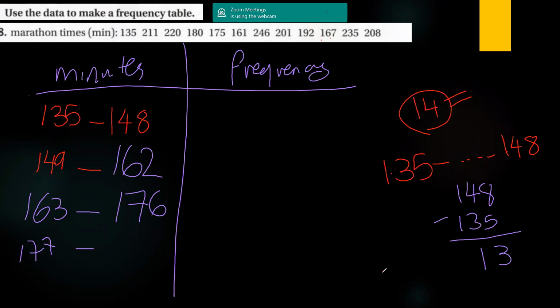Take the next number, 177, up to 190. Then take the next number, which is 191, up to 204.